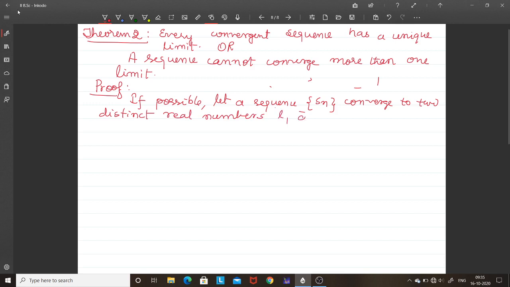That is, name them L1 and L2. So you have 2 distinct limits where the Sn converges to both.